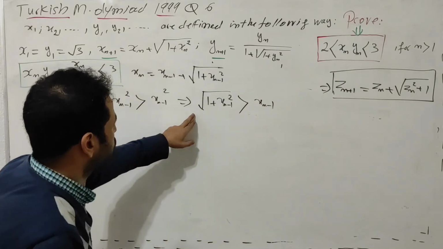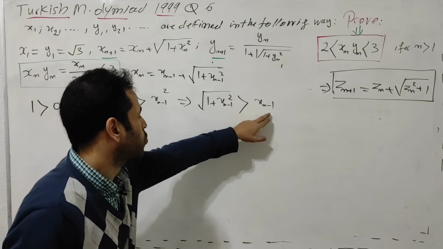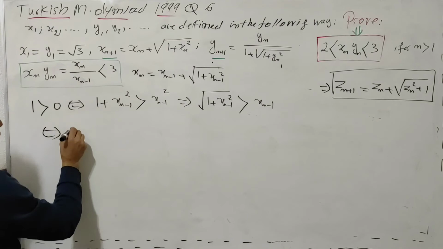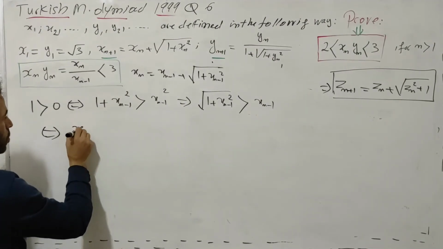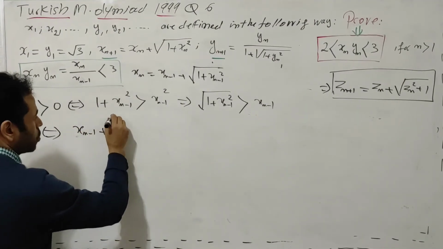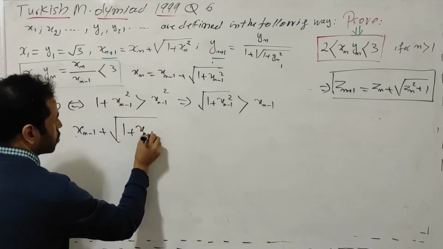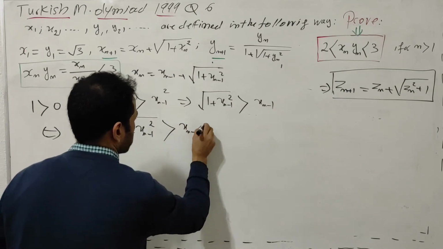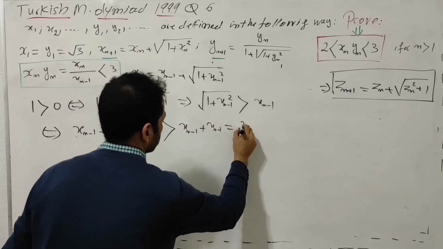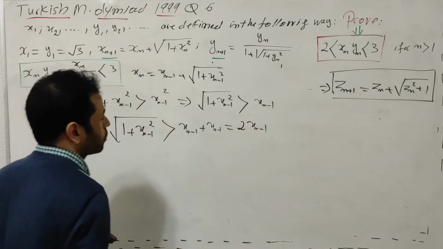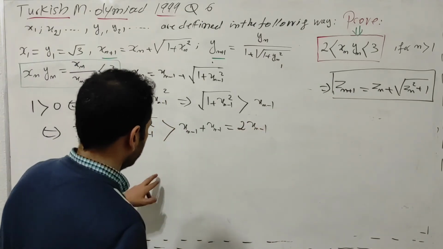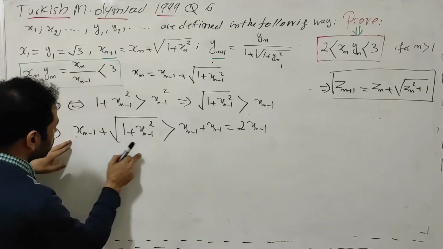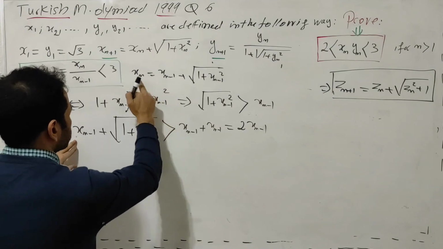Okay, I'm going to add one more x sub n minus 1 on both sides. So I will have x sub n minus 1 plus square root of 1 plus x sub n minus 1 squared is strictly superior than x sub n minus 1 plus x sub n minus 1, equal to 2 times x sub n minus 1. Okay, so now if you take a look at here, this term is exactly equal to x sub n.